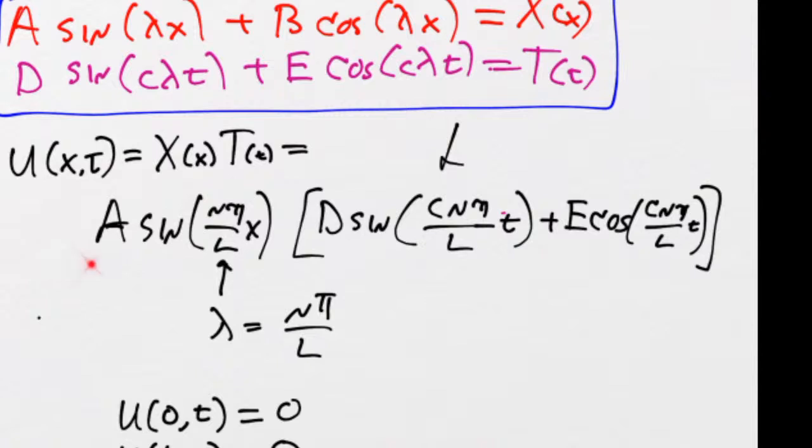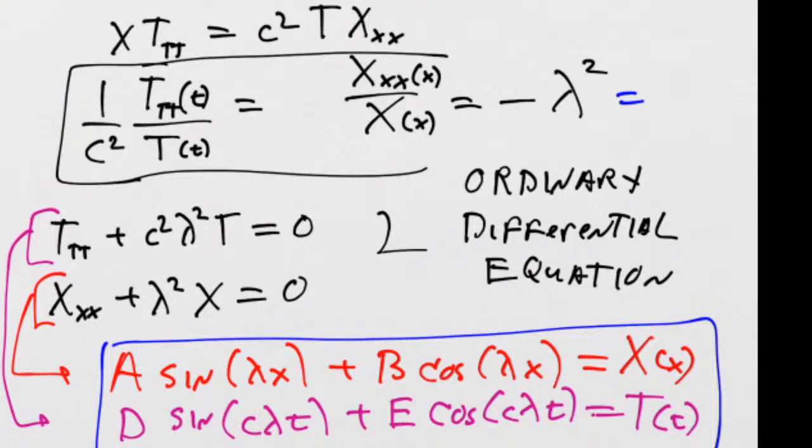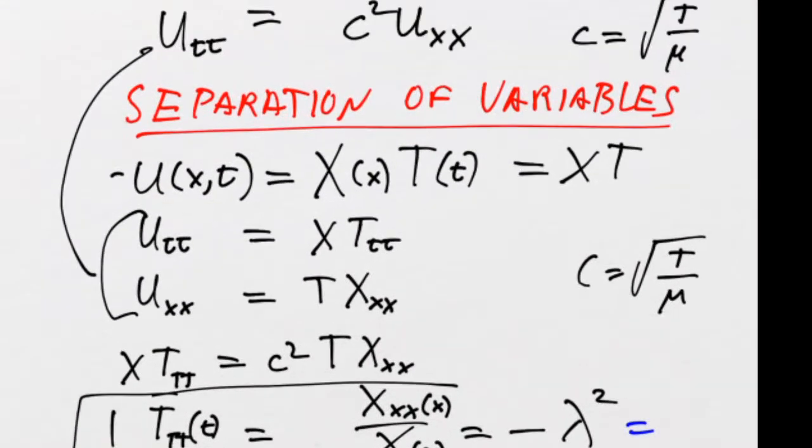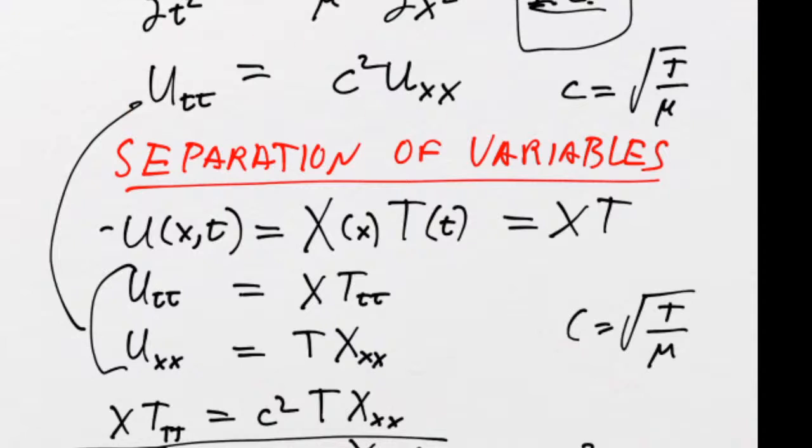So now we have a, d, and e to contend with. Now notice the other thing is, no matter what integer value of n I use, this equation will satisfy the basic wave equation. Right here, it'll satisfy the wave equation.